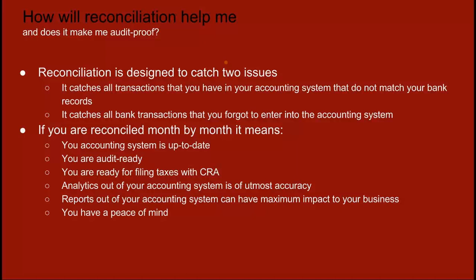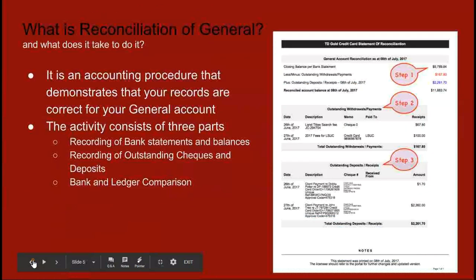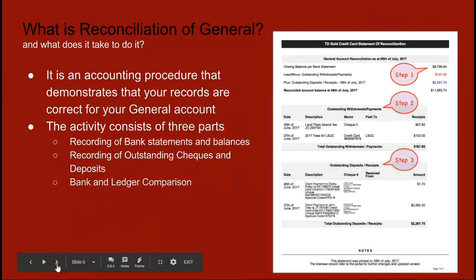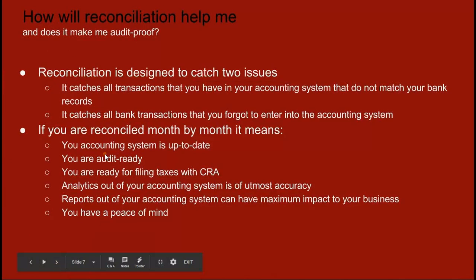But there's also a very, very subliminal advantage to why you should do your reconciliation. Because when you do your reconciliation, it not only catches all those transactions that are available in your accounting system but do not match with your bank. Okay, that's a given. So maybe you deposited the money in the bank and you did not tell your legal accounting software about it.